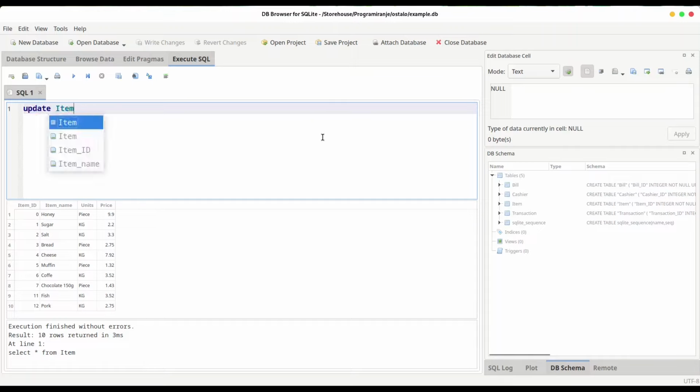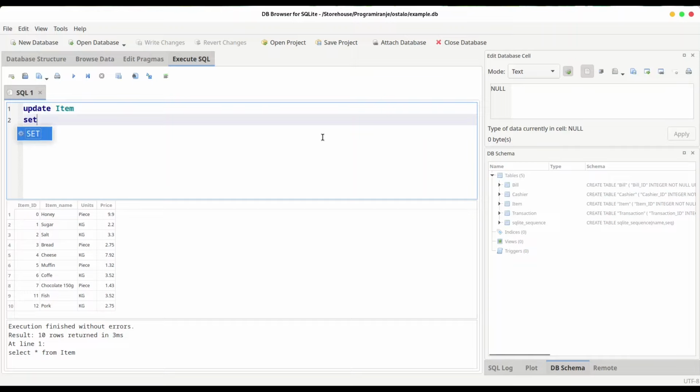So update item, and we are going to set price. We are going to deal with the price column, and we are going to provide price.